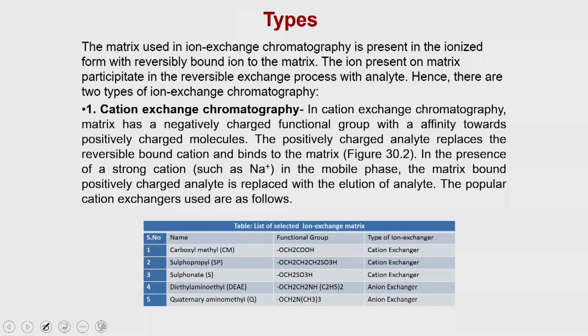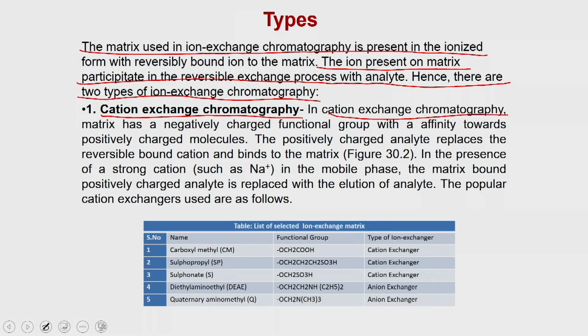The matrix used in ion exchange chromatography is ionized for reversible binding of ions to the matrix. The ions present on the matrix participate in a reversible exchange process. Hence, there are two different types of ion exchange chromatography. One is called cation exchange chromatography. In cation exchange chromatography, the matrix has a negatively charged functional group with an affinity towards positively charged molecules.